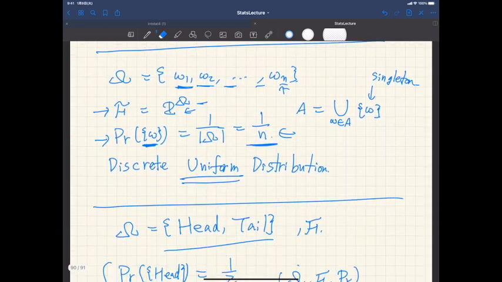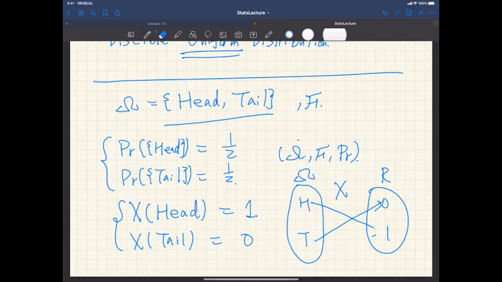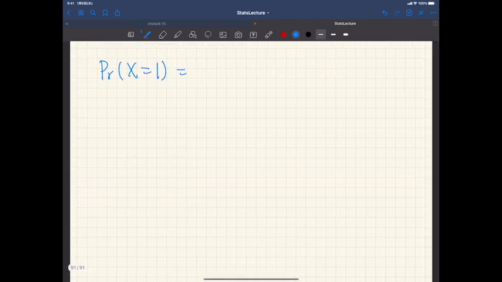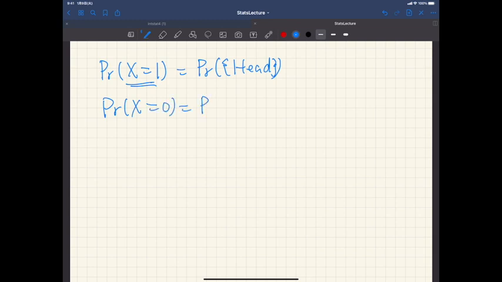If you look at this figure, if we pick 1, its inverse image is just one element, head. This is a subset that contains only head. And probability x equal to 0, similarly, is just tail.